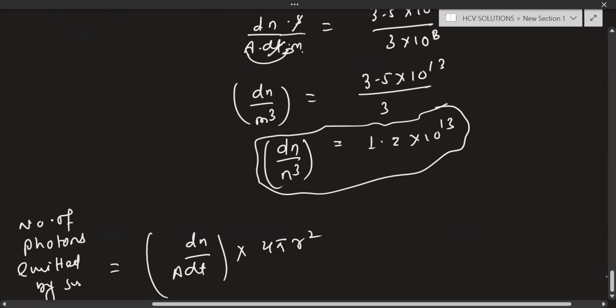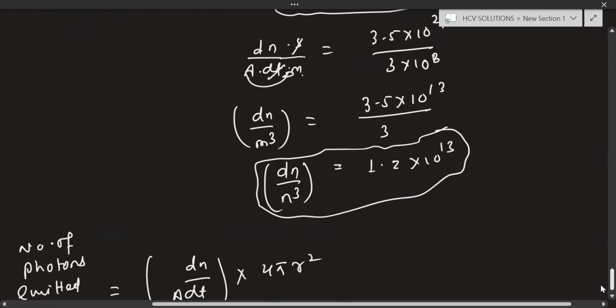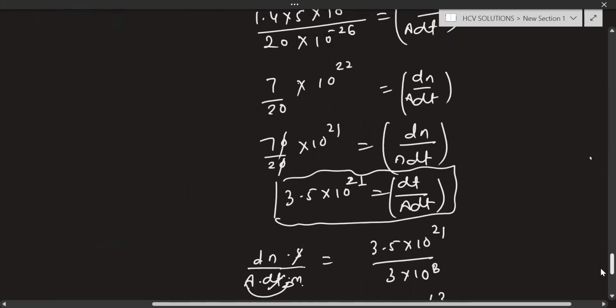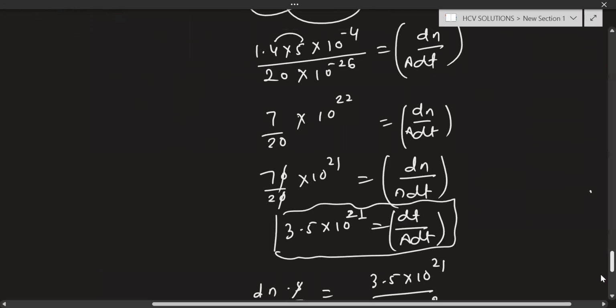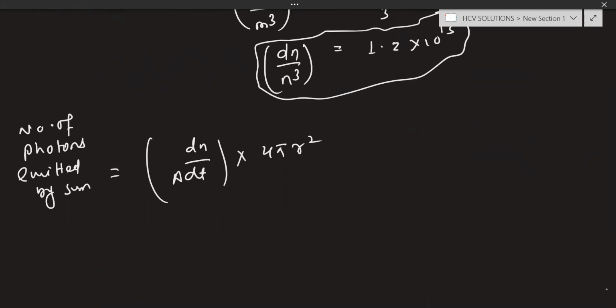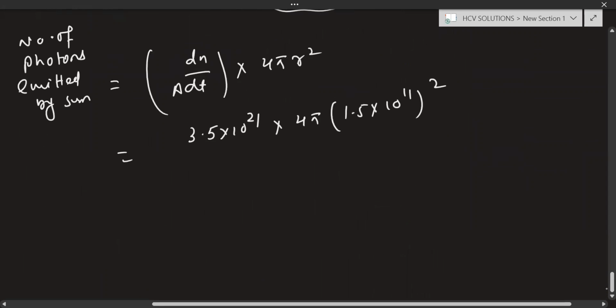We calculated that dN/dt is 3.5 times 10 to the power 21, so we put 3.5 times 10 to the power 21 and multiply by the area 4 pi times (1.5 times 10 to the power 11) whole squared.